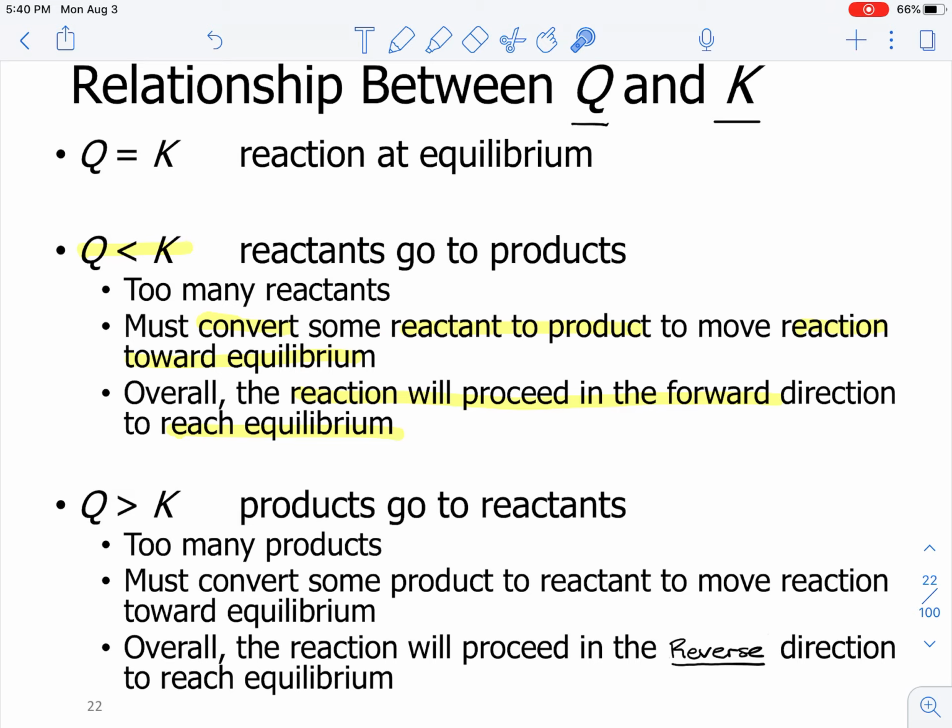The only way that's possible is if the reverse reaction occurs or proceeds so that the chemical system can reach a state of chemical equilibrium. So once again, when Q is greater than K, it's telling us that we have way too many products and we must convert products to reactants. And the only way for us to do that is for the reaction to proceed in the reverse direction to reach equilibrium.